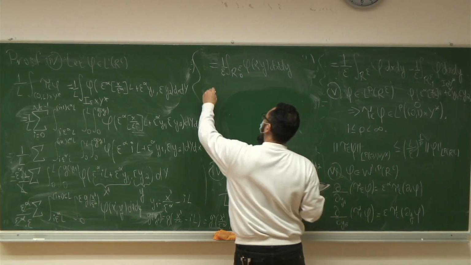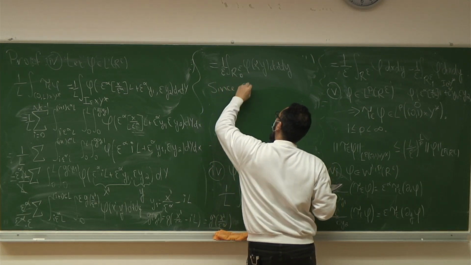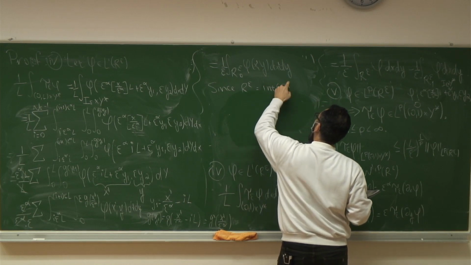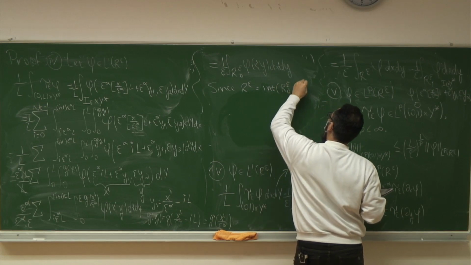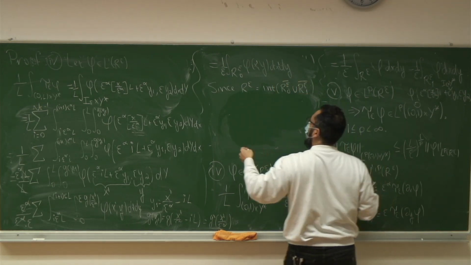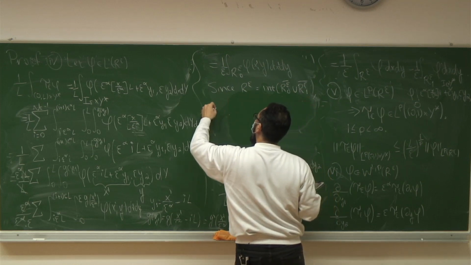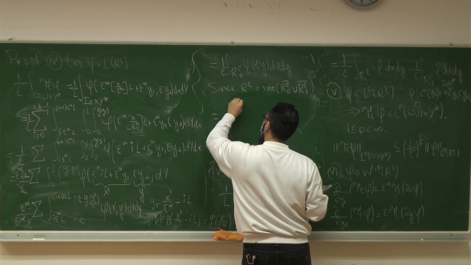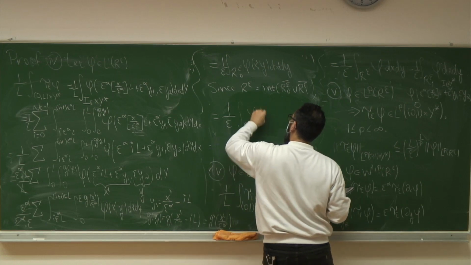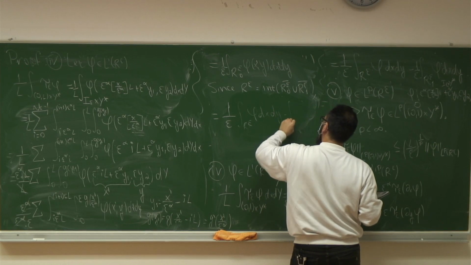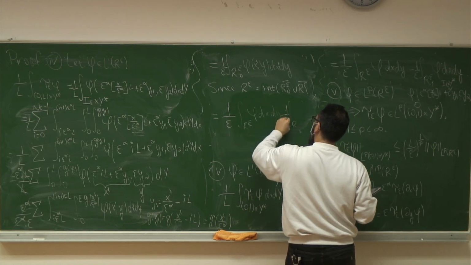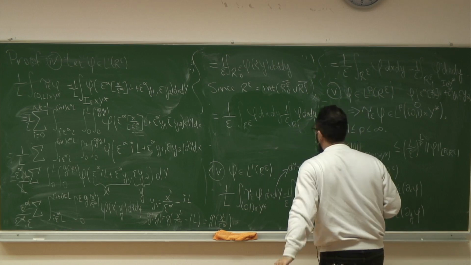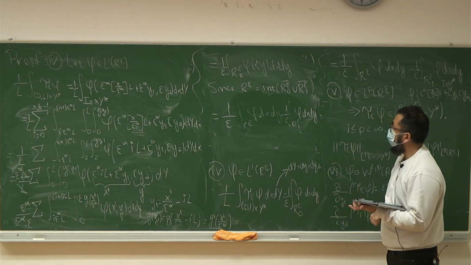So, of course, since R epsilon is the interior of, we have that the last... so basically that's it.